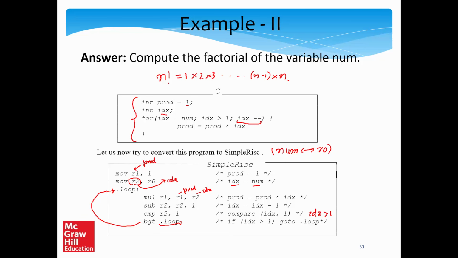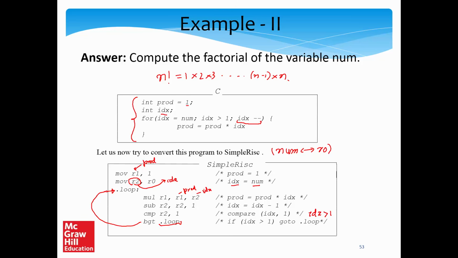So let me look at the 3 steps that we had in this exercise. The first step is we realized that the problem is difficult, so we wrote a small program in C. In the program in C, we had a product variable and an index that goes down from the number till 1, and at each point we multiplied.